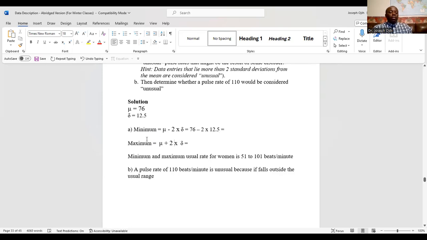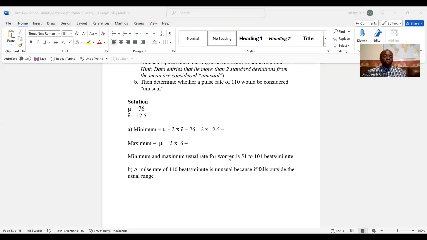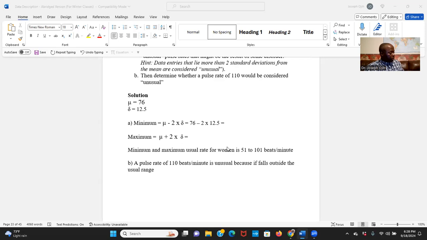Okay, so I'm going to put this in the calculator so you can get the result. Let me write it down first. So I got 76 minus 2 times 12.5. That will give us the minimum side.